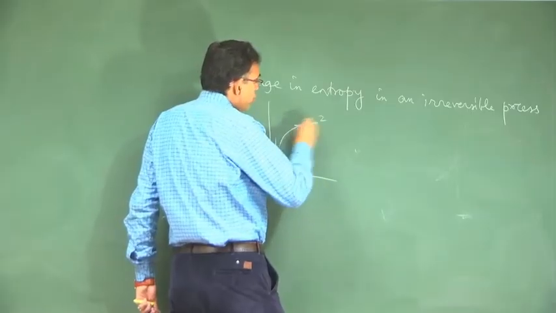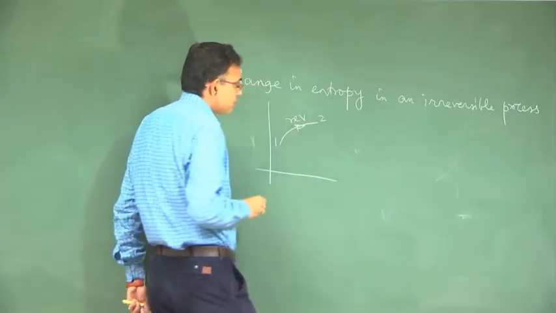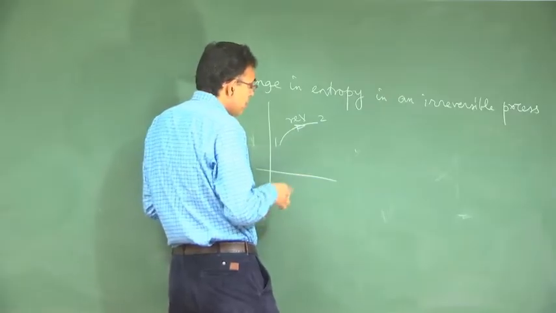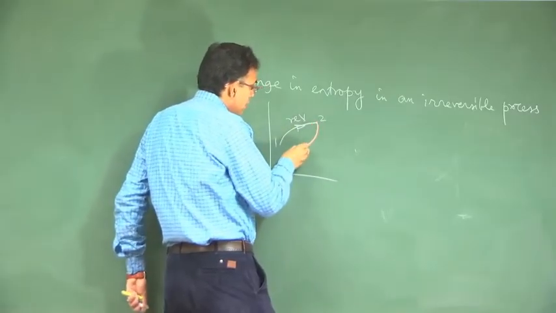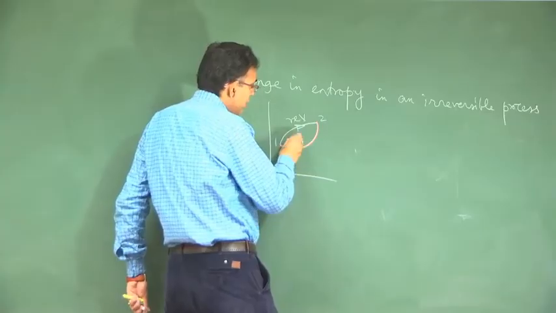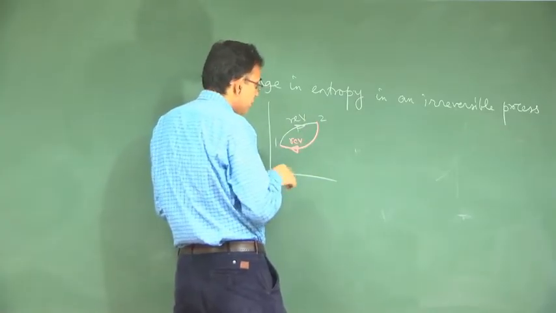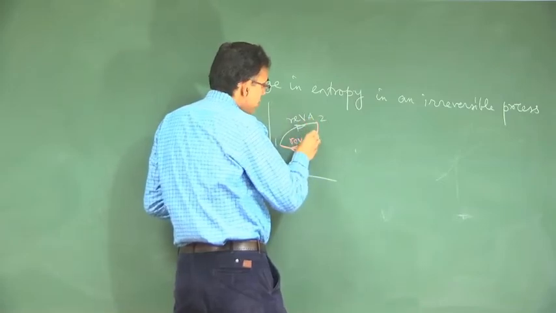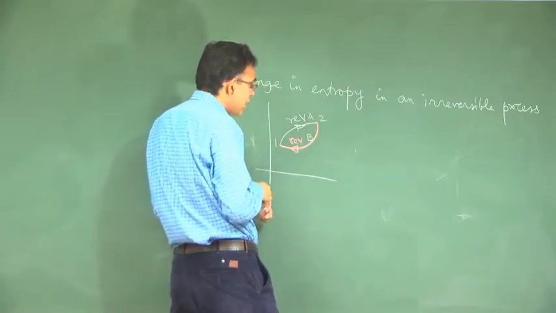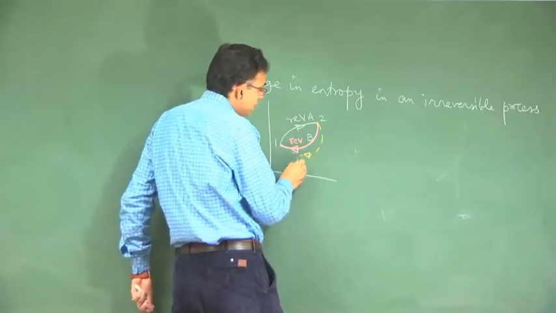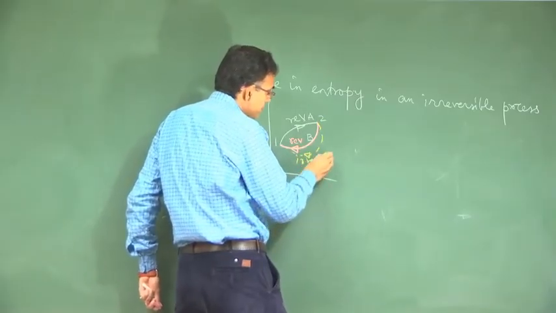You have 1 to 2 a reversible path. From 2 to 1 you construct a reversible path. So, this is reversible A, this is reversible B, but you also construct an alternative irreversible path which is path C.